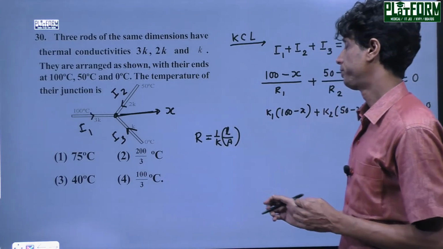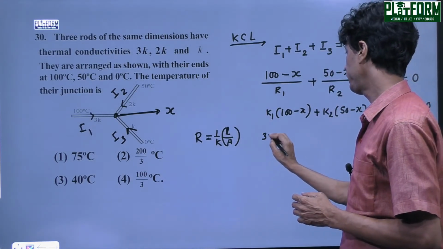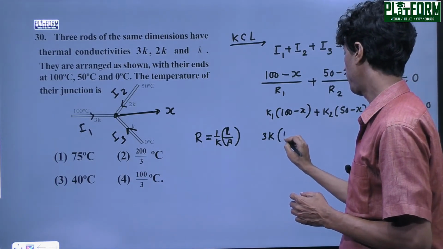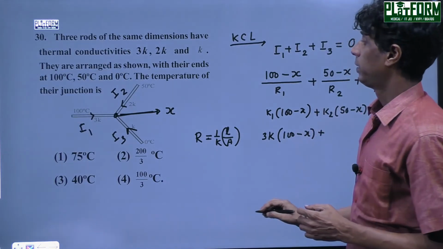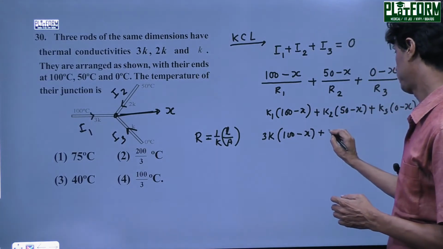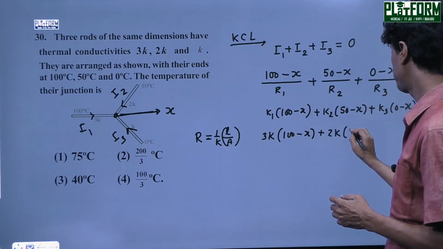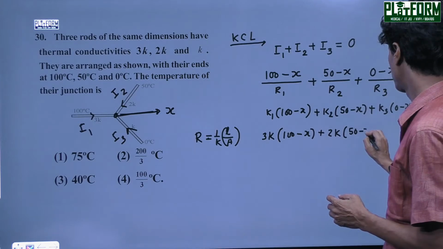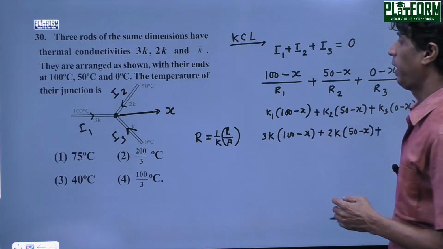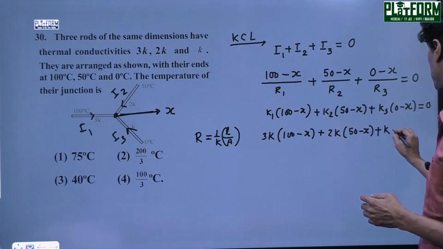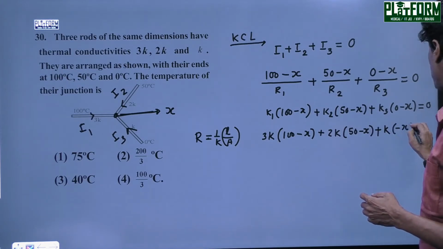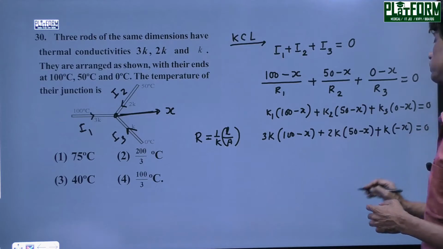The values are given: 3K times (100 minus X), 2K times (50 minus X), and the conductivity for the third one is K, times minus X, equal to 0.